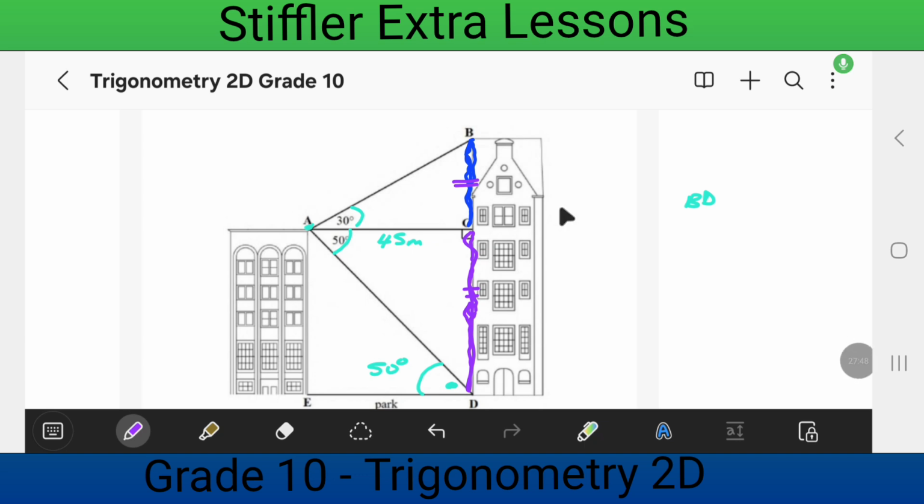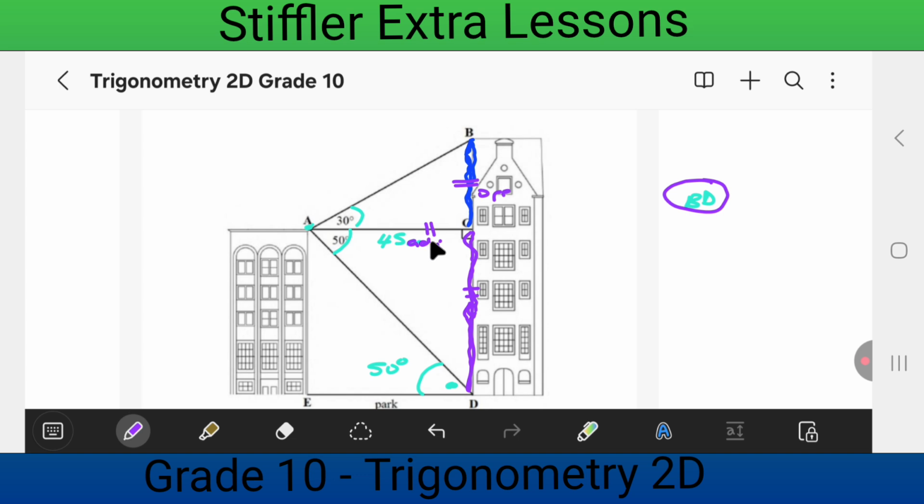So how can we deal with this BD of ours? First, let's calculate BC in this smaller triangle. We already know that the distance between these two is 45 meters. We have this angle here as theta. This will be our opposite, and this will be our adjacent, right?